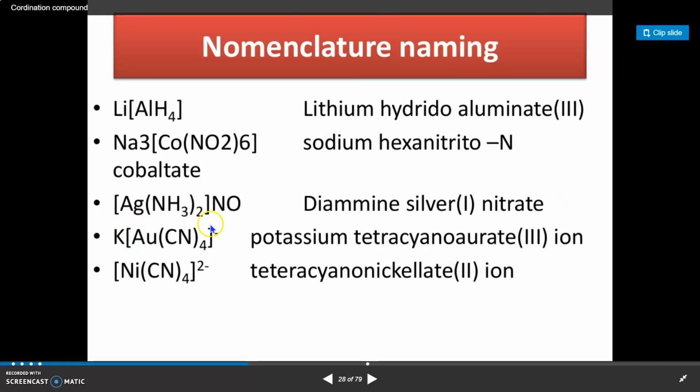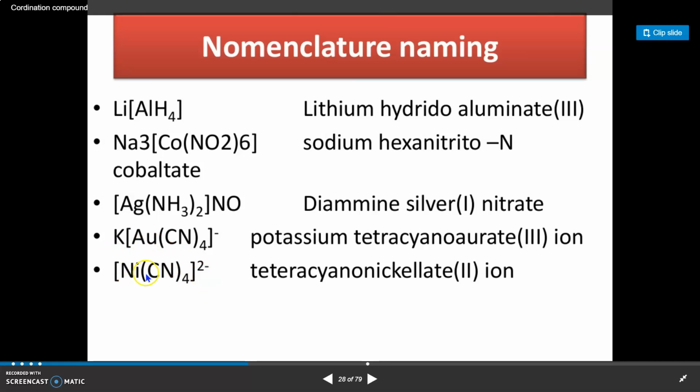Another example, potassium tetracyanoaurate(III) ion. First we have to write potassium, that is the cationic species. Tetracyano, these are the four cyanide. Then the gold, that is aurate(III) ion.